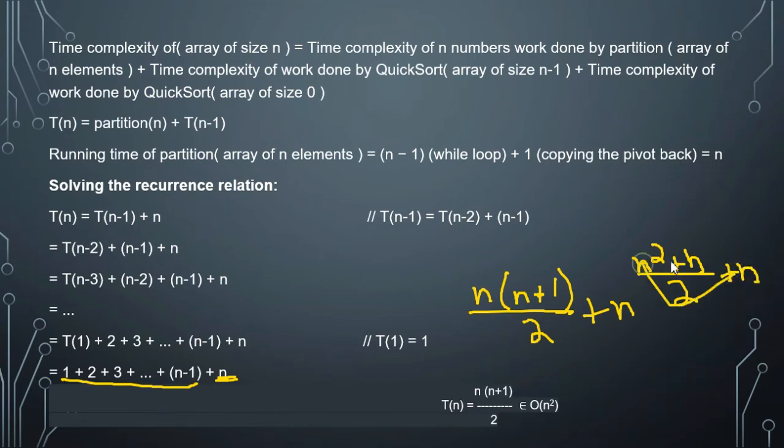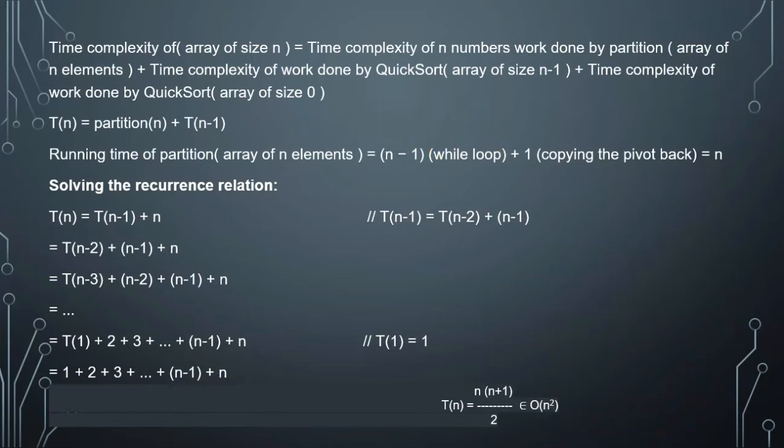As we see here, the dominant value is n square, so it will be the running time complexity of the worst case, big O of n square. So hence we have reached the solution that the time complexity of the worst case scenario is big O of n square.